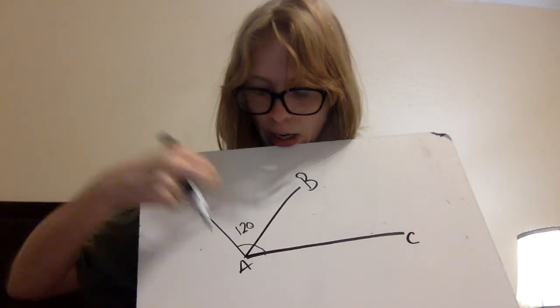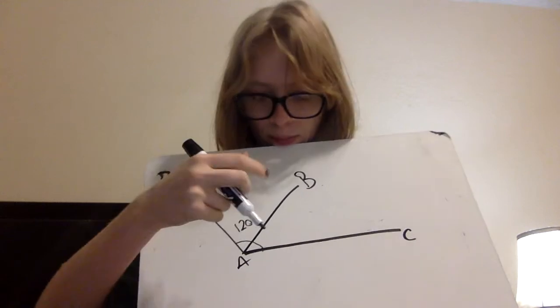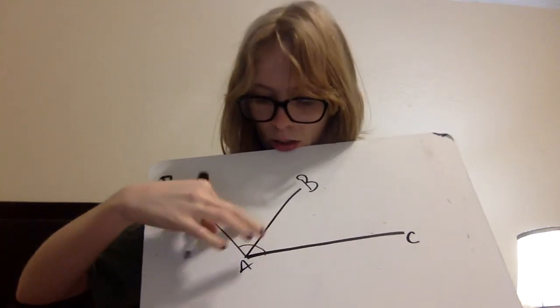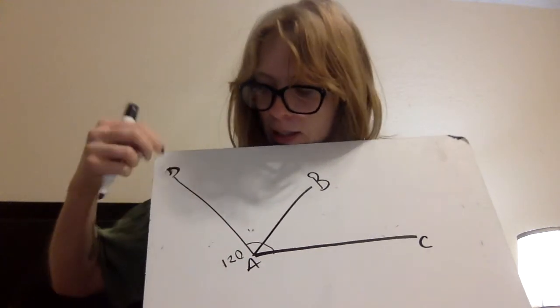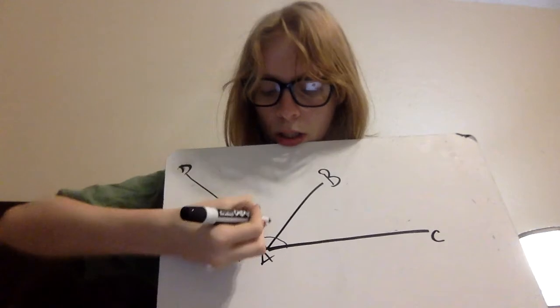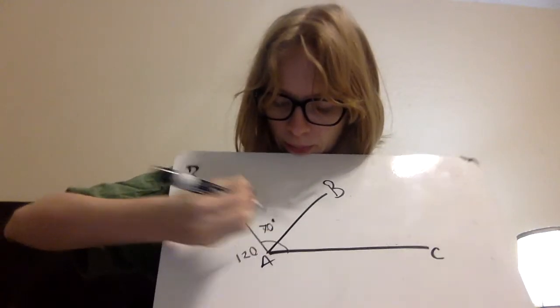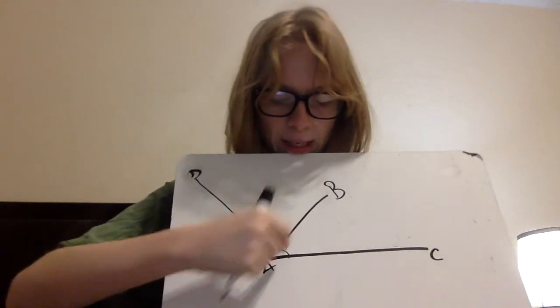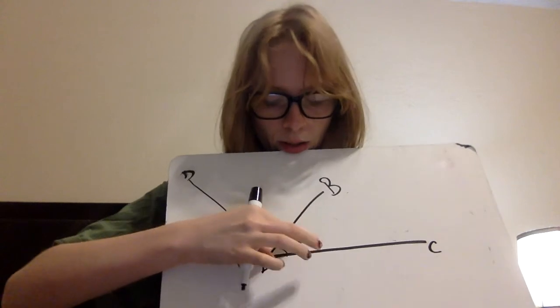The whole thing, right? So DAC is 120 degrees. We'll put it out here. So let's say DAB, angle DAB, is, we'll say 70 degrees. Now we want to know what BAC is equal to. So that's going to be our X. Still looks like a T.